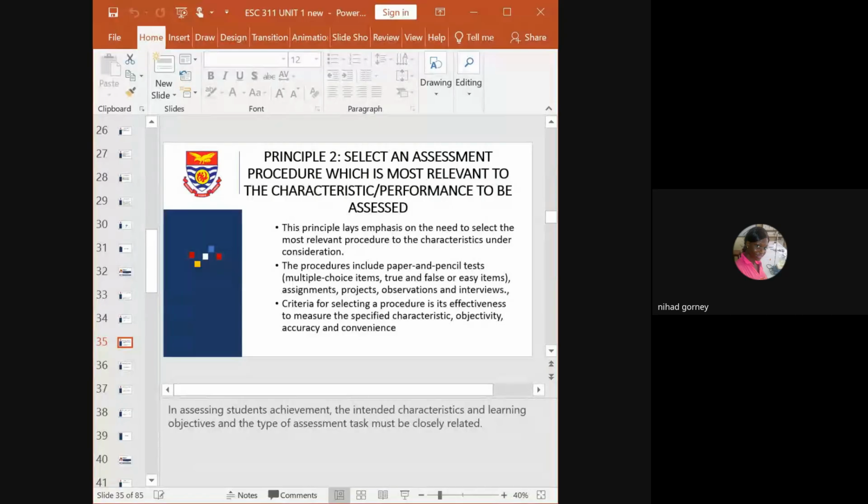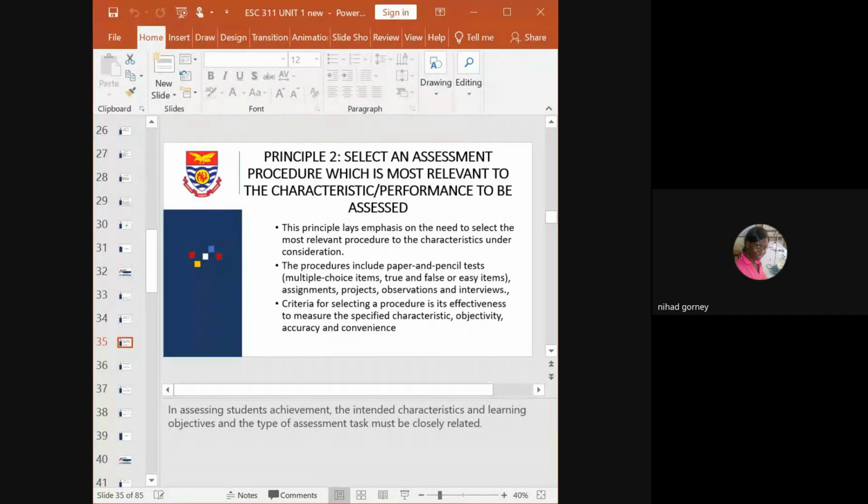Is a paper and pencil test crucial for the kind of characteristic I want to assess? Sometimes paper and pencil tests will not be appropriate for some kinds of characteristics we want to assess. So it is important that in the second principle, we look at what is the best procedure.